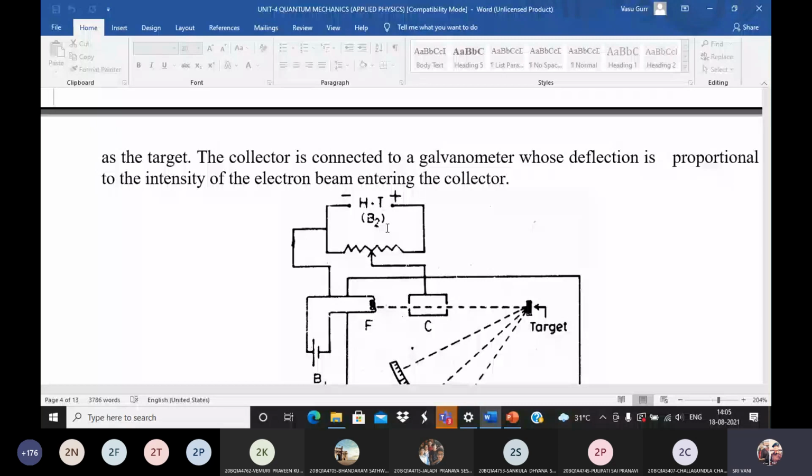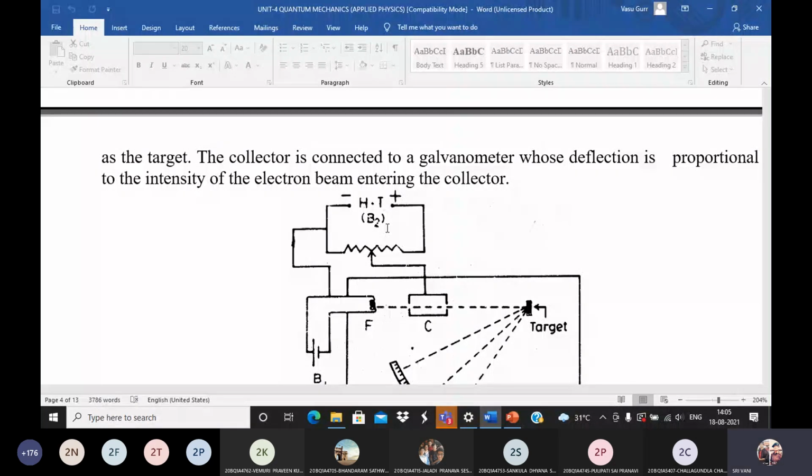If the galvanometer shows 0 reading, it indicates there is no deflection and it has not collected the scattered electrons. So generally we use the galvanometer in circuits to observe the deflection, that is the intensity of the electron beams entering the collector.